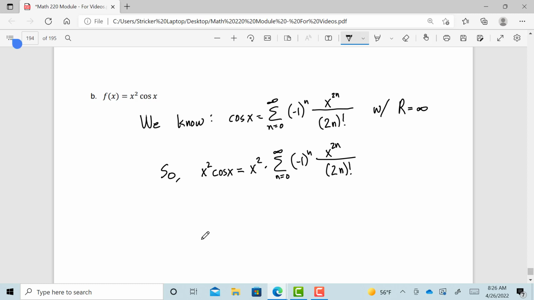And then we can just bring that x squared inside. When we take x squared and multiply it by x to the 2n, we get x to the 2n plus 2.